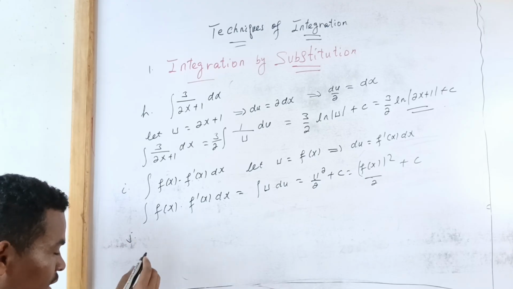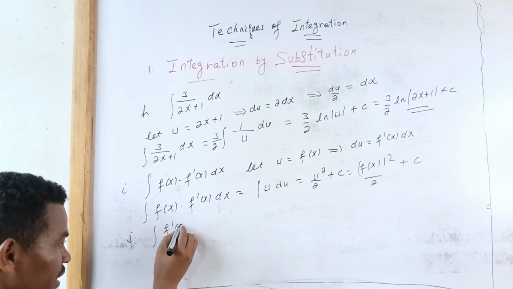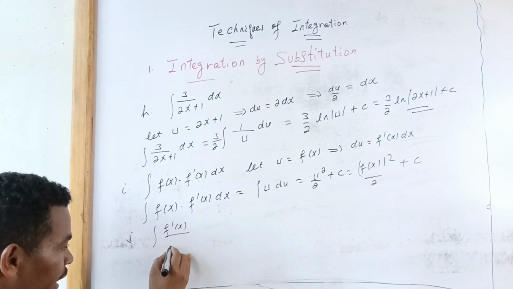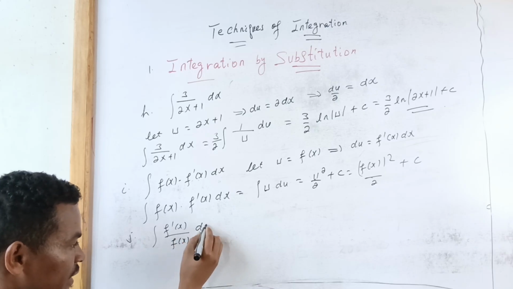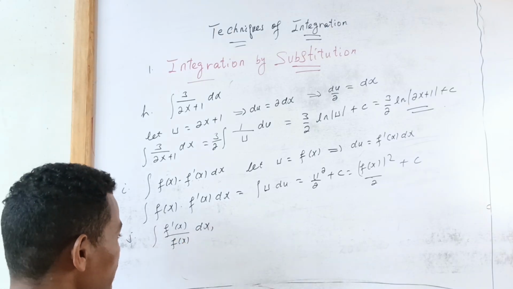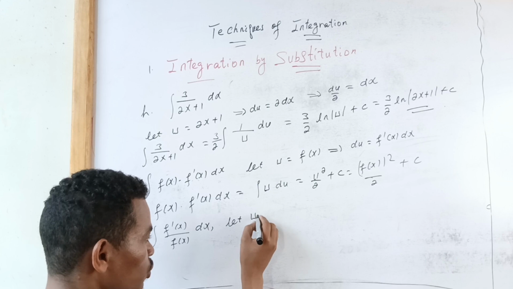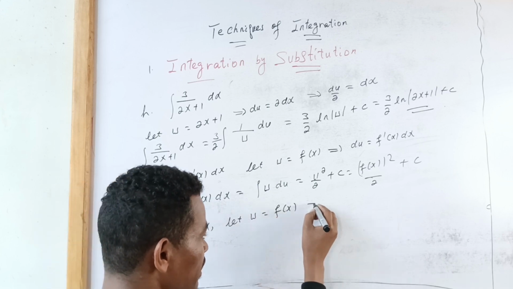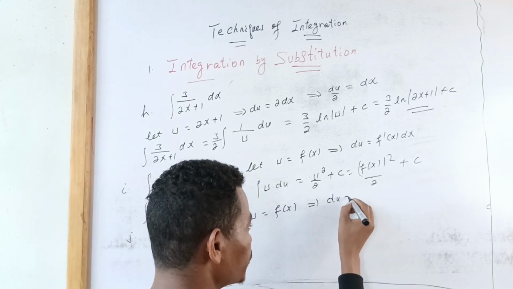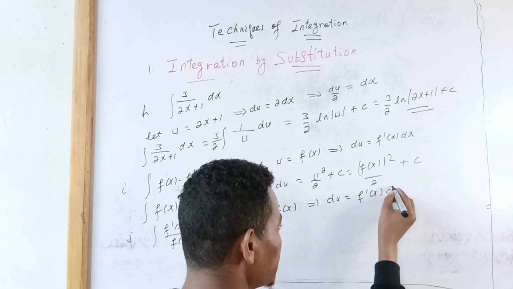Integration of f derivative at x over f of x dx. Again, in this case, let u is equal to f of x. This implies du is f derivative at x dx.